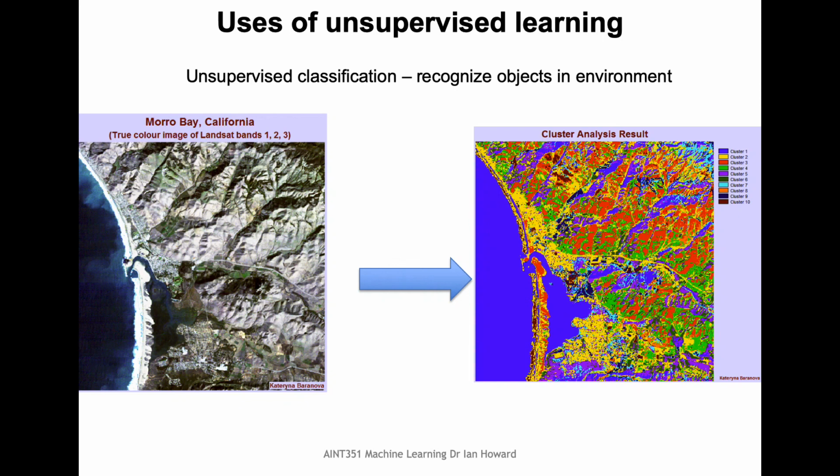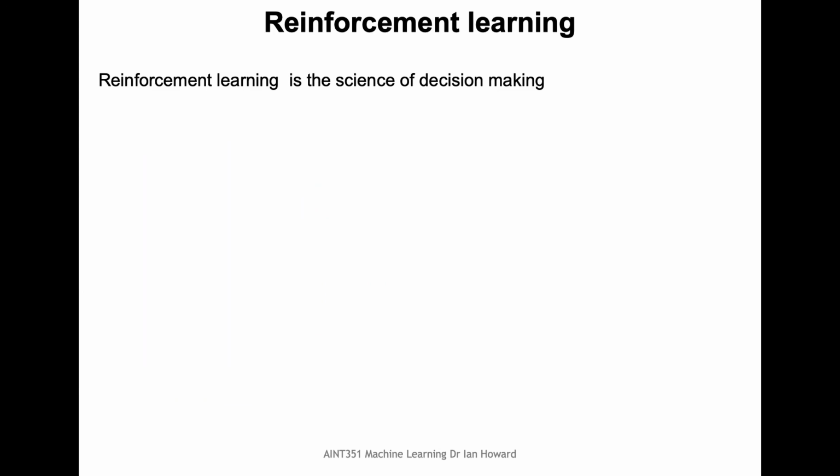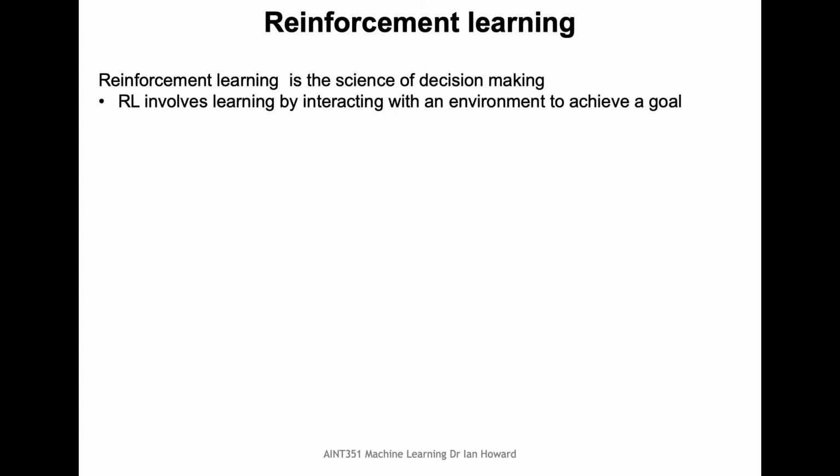So reinforcement learning, like I said before, is about getting an agent, and a person is also kind of an agent, to make decisions and to take actions given it's in a certain situation. And in order to learn, it's got to interact with the environment.